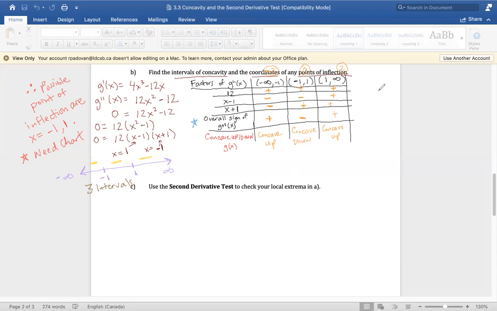That's actually telling me that I have points of inflection. So I'm looking at those sign changes. And they tell me that because the signs changed, I do. So here it was possible, but here I've confirmed that because the signs are changing, I do have points of inflection.